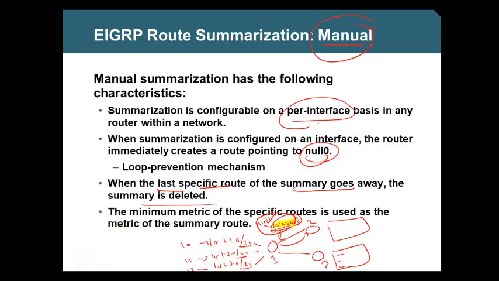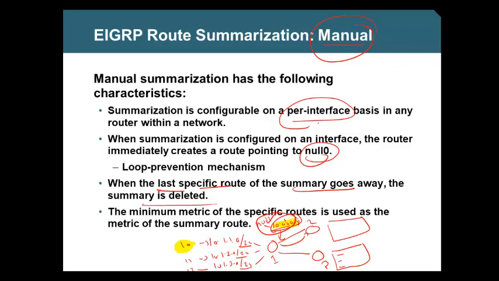So which metric, 10 or 11 or 12, should I give to this summary route? Minimum metric, which is 10, isn't it? 10 becomes the metric of the summary route.